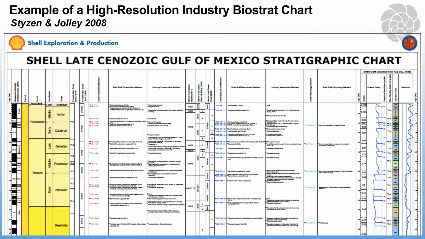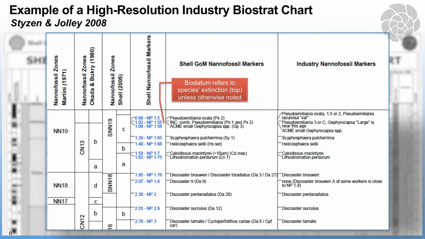There's a lot of information on here, so I'm just going to zoom in on an area that is for the nanofossils. And you'll see that the traditional nanofossil zones are over here on the left side. Shell came up with some of their own to fit better in the GOM basin particularly. In this column is absolute ages of the markers, and the markers, unless otherwise indicated, are assumed to be last appearance datums.